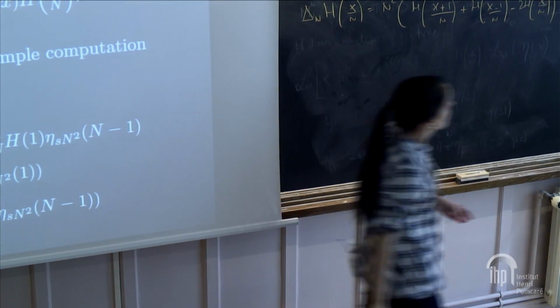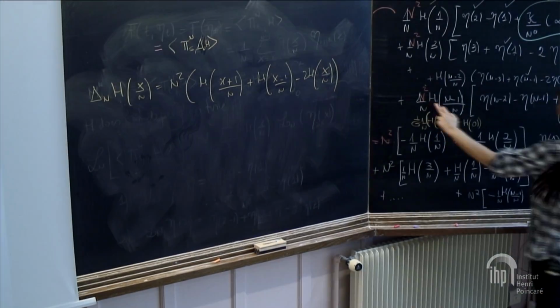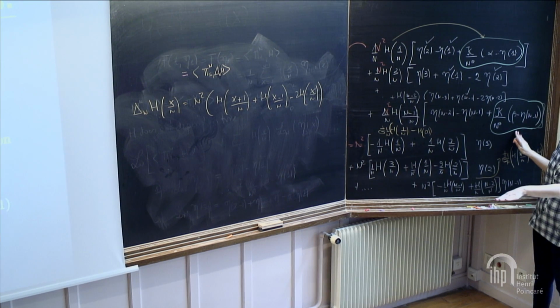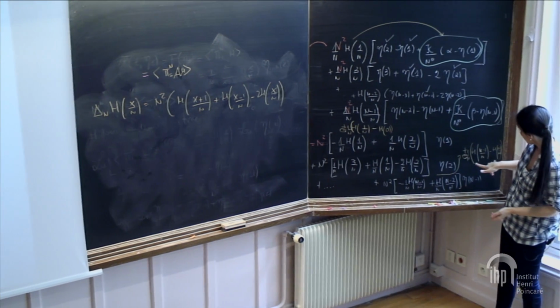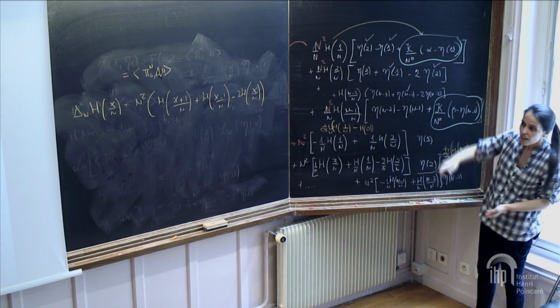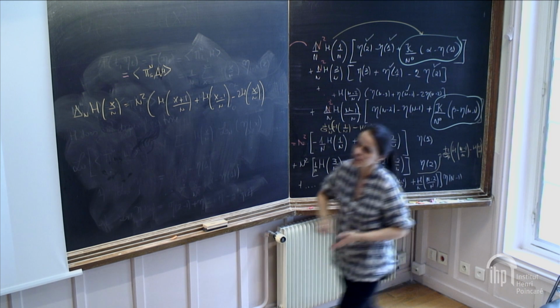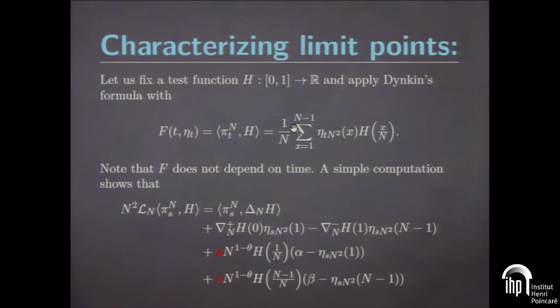Okay? This term here, it's the last one. Okay? And these ones, with the plus, are these two here. Okay? So this is what we get without imposing anything on h.